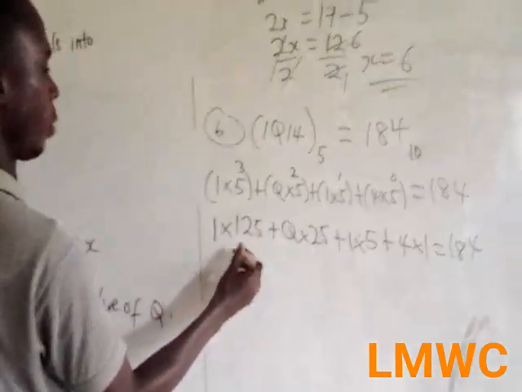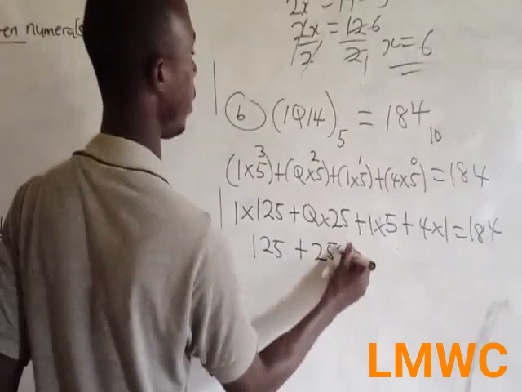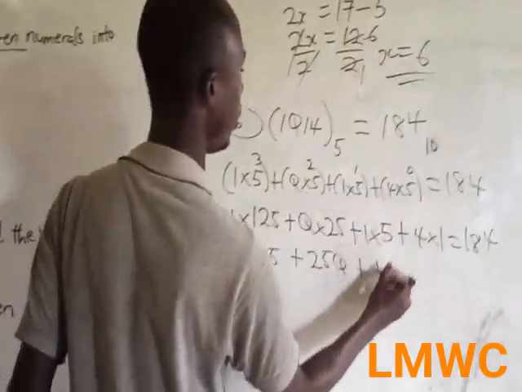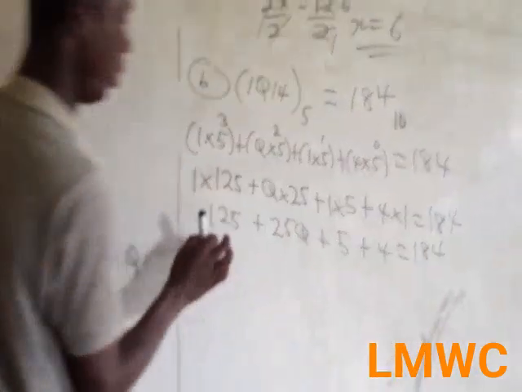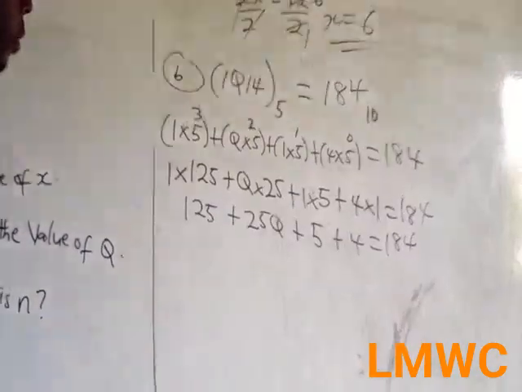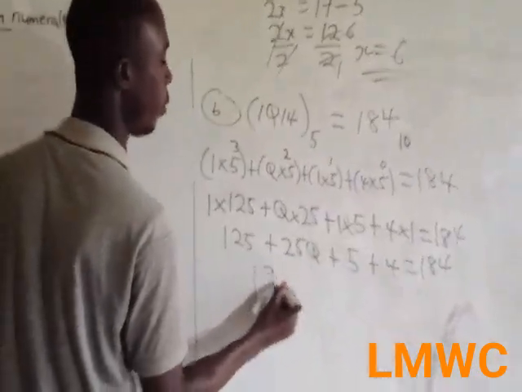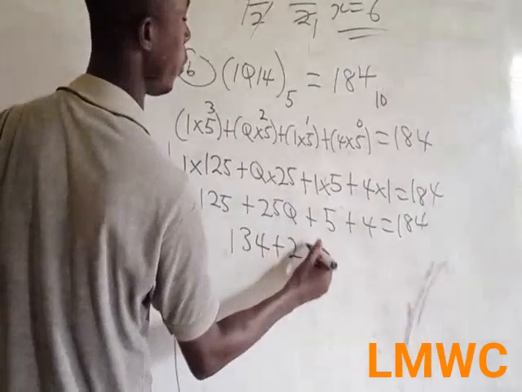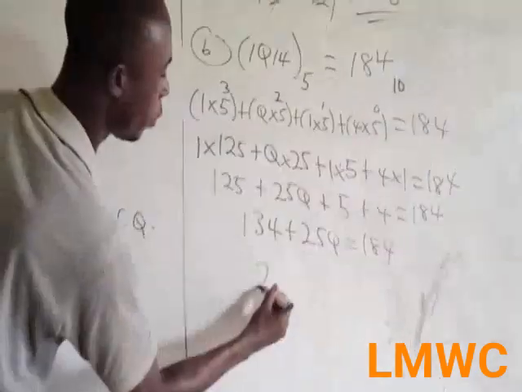So this times this is 125, plus this times this 25q, plus 5 plus 4 equal to 184. So this plus this, because they are all like terms, 125 plus 5 is 130, plus 4, 134, plus 25q equal to what? 184. So we are solving for q.